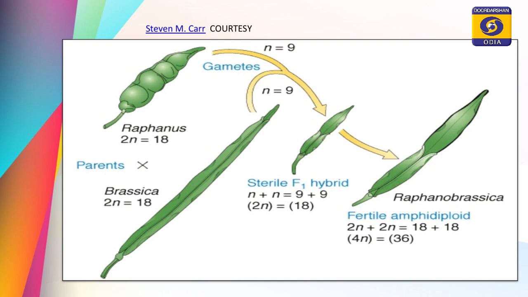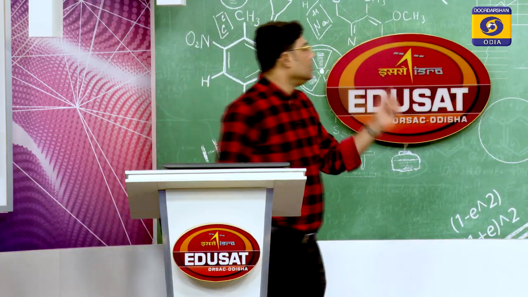We can also do this the other way around: from Brassica we can take pollen grains and put them on the stigma of Raphanus flowers. So Raphanus and Brassica are the two parental plants taken for this breeding program, and the result is this Raphanobrassica.